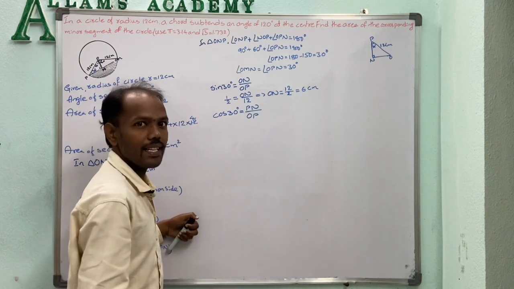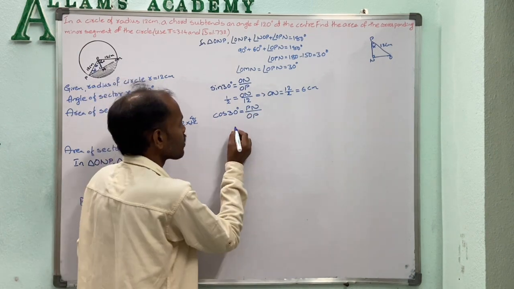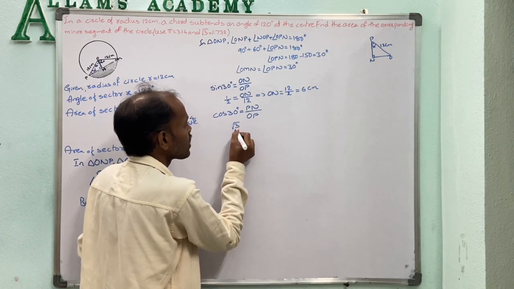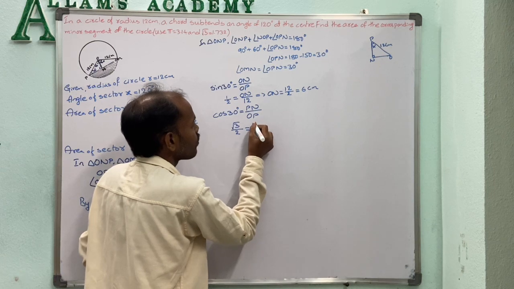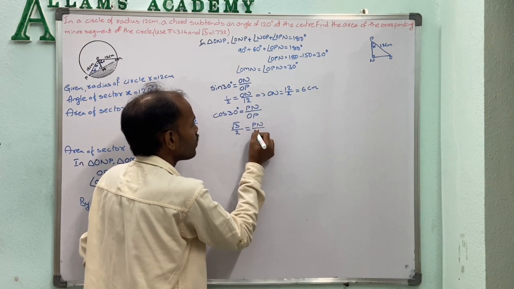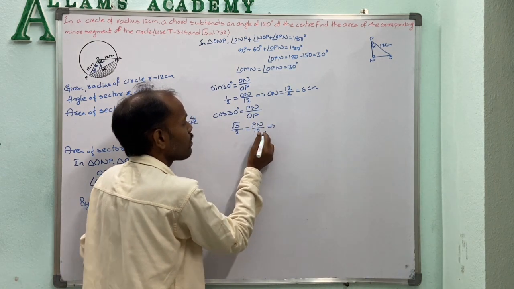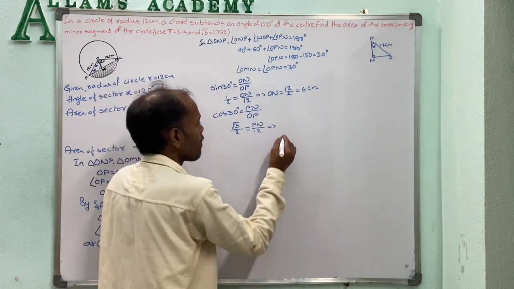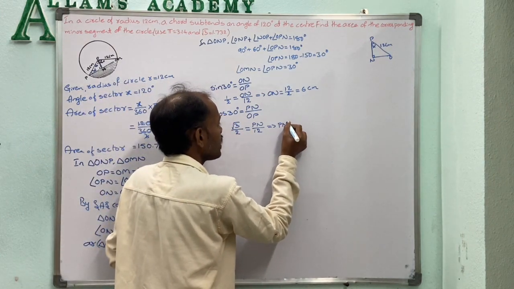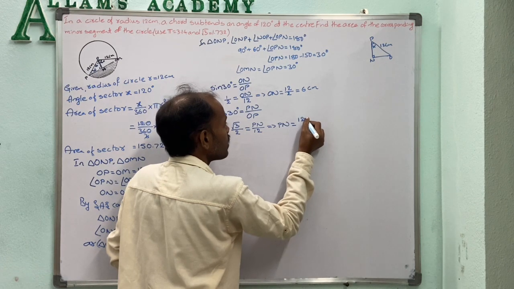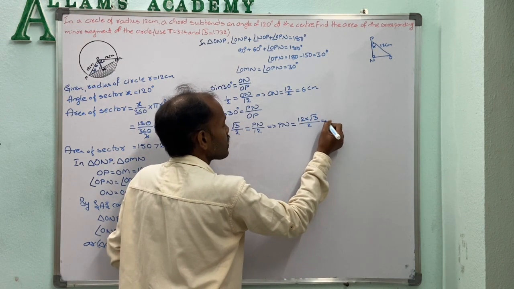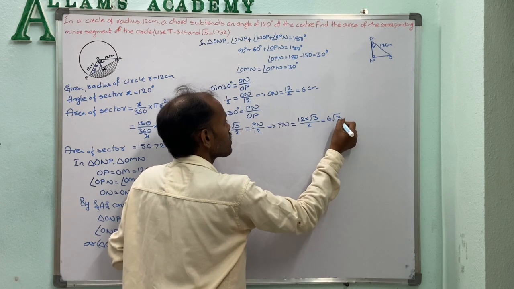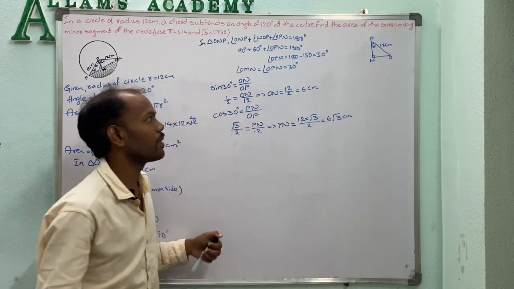Cos 30 is root 3 by 2. So root 3 by 2 equals PN by OP, which is 12. By transferring, it will be multiplied. So PN equals 12 into root 3 by 2. 2 ones are 2, 2 sixes are 12, that means 6 root 3 centimeters.